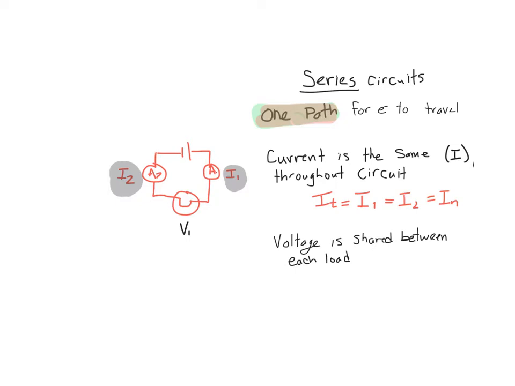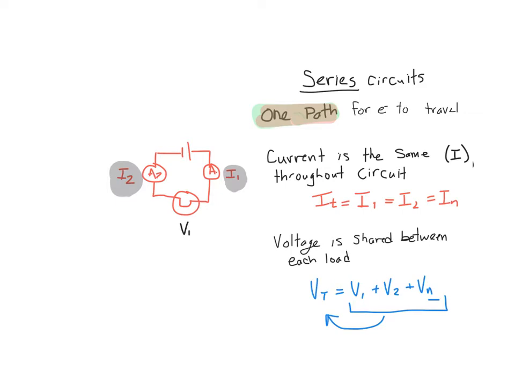And so we say that total voltage is equal to V1 plus V2 plus Vn. Okay, so n just means however many loads there are. It could be 1, it could be 8, it could be 3,000, whatever it is, the voltage is shared. So the sum of the voltages goes towards our total voltage.